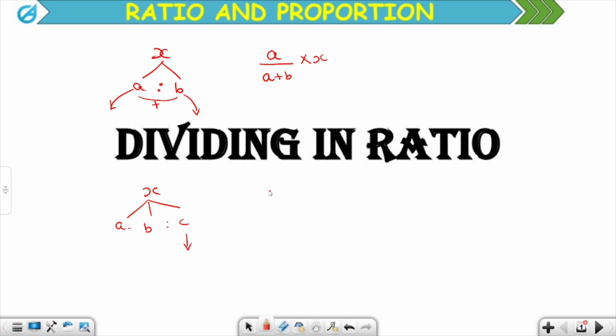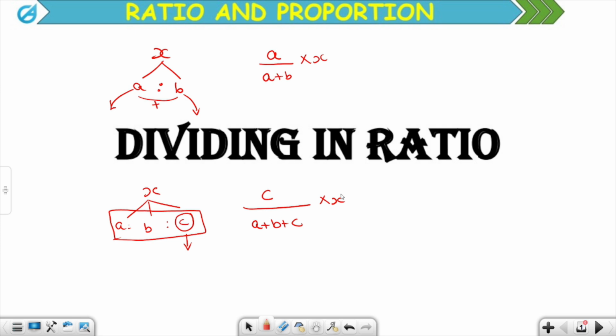Which part you want to find, divided by the sum of all those ratios, a plus b plus c, multiplied by x. This is how you divide a particular number according to the given ratio.